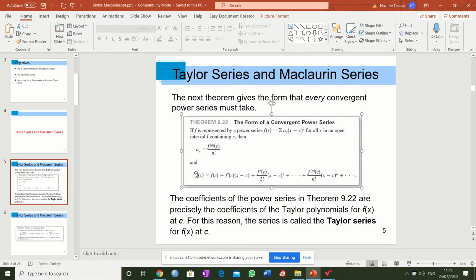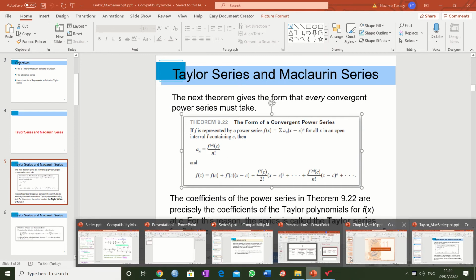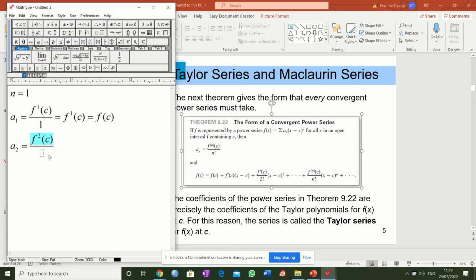So the first term is f(c). The second term has 2 factorial, and this is the nth term.